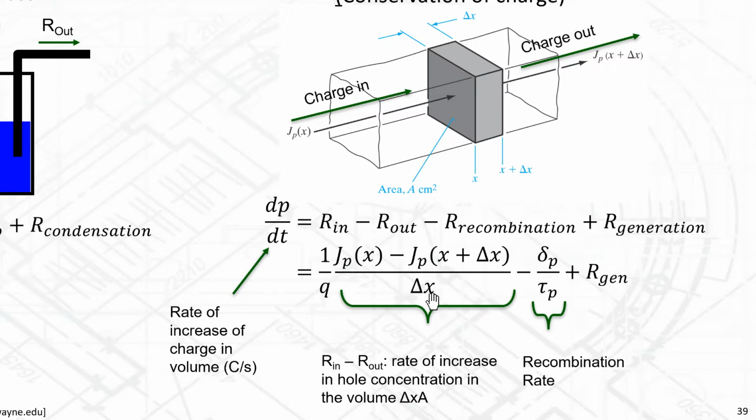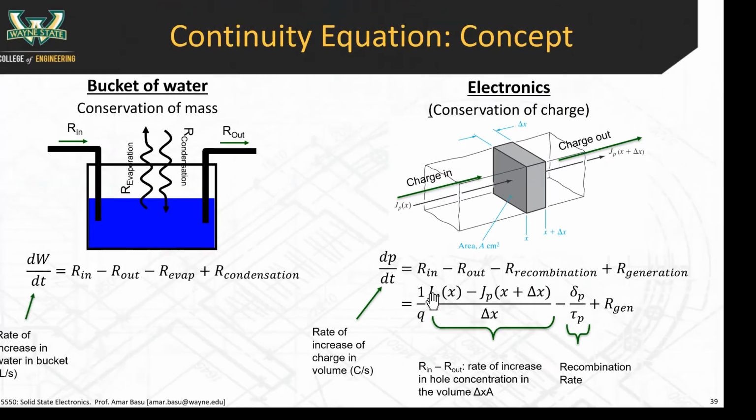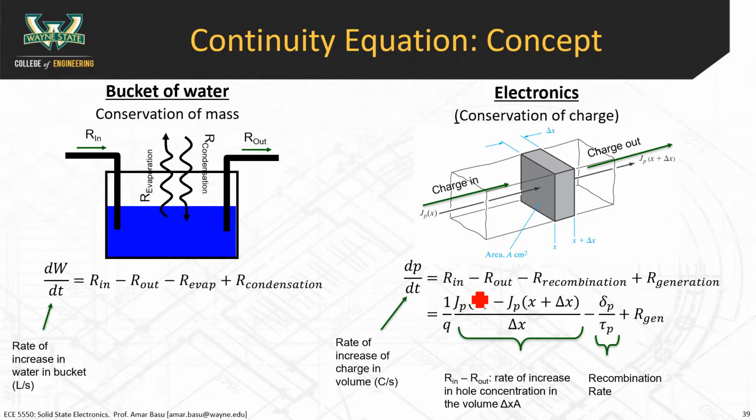Okay, an amp is a coulomb per second. Let's write this down and make sure we all understand. So this is amps per centimeter squared. Right. So this is equal to coulombs per second per centimeter squared.